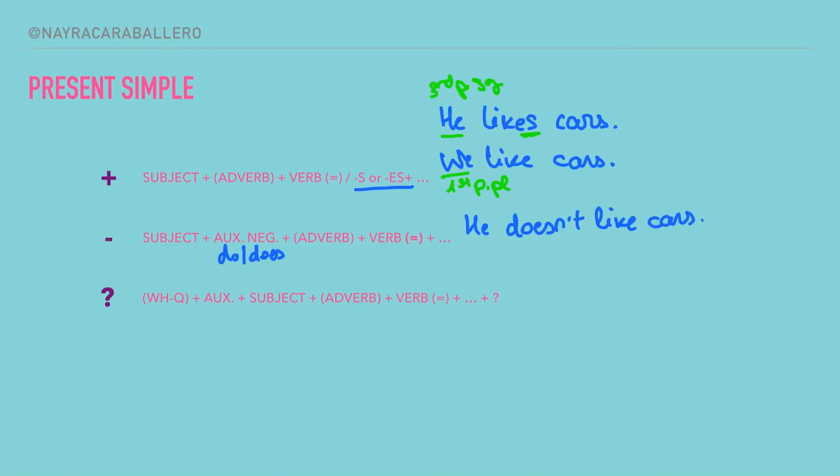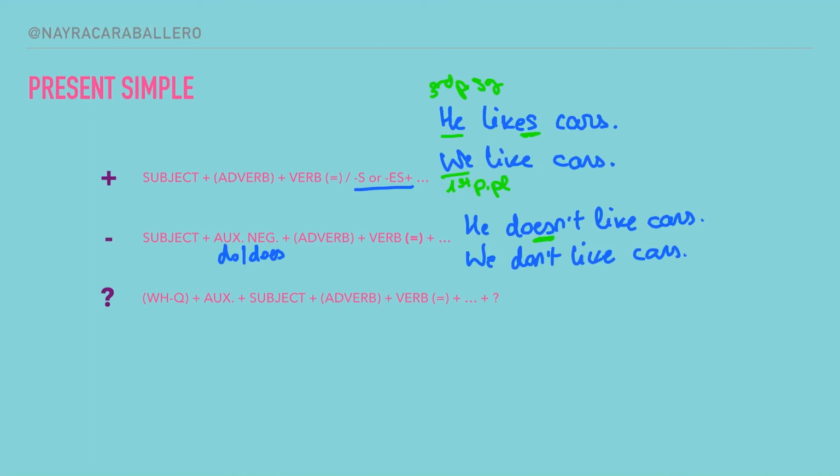As the es is present in the auxiliary verb, you see here, we don't need the s ending in the main verb. So like is written in the same way you find it in a dictionary. Or if we take the same sentence below, say, we don't like cars. Okay, perfect.